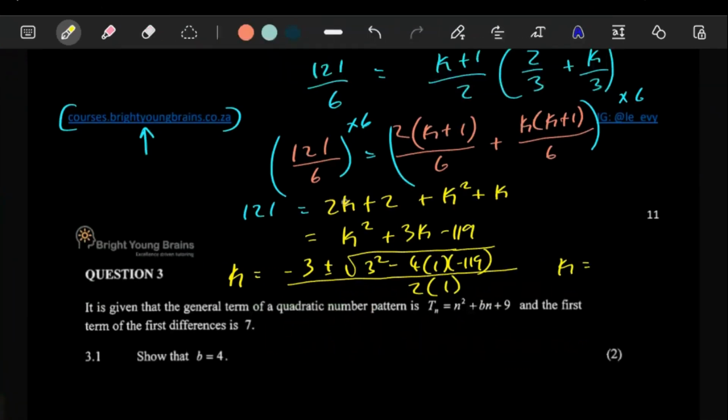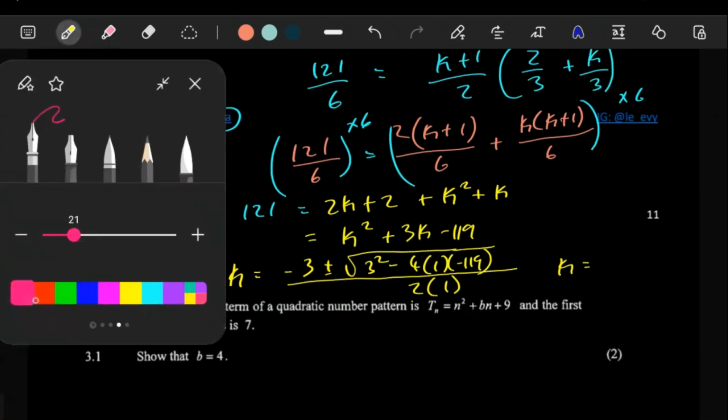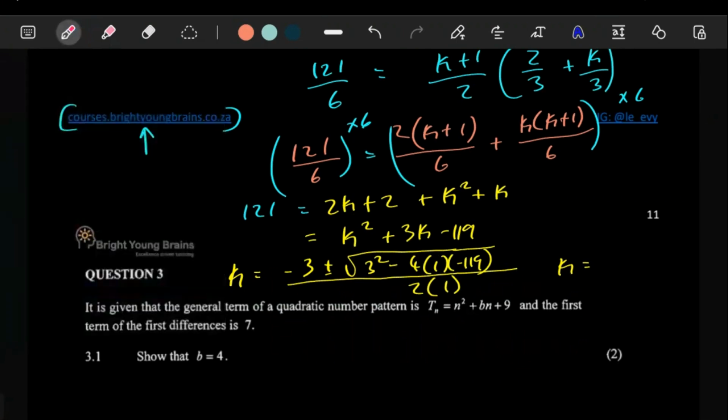Then you have 2k plus 1k, that's a 3k, and this squared minus 1, that's fine. Then k is equal to minus b plus minus the square root of b squared minus 4ac.